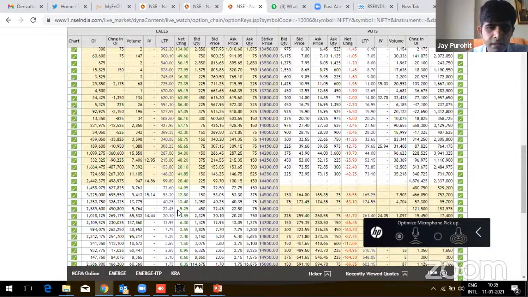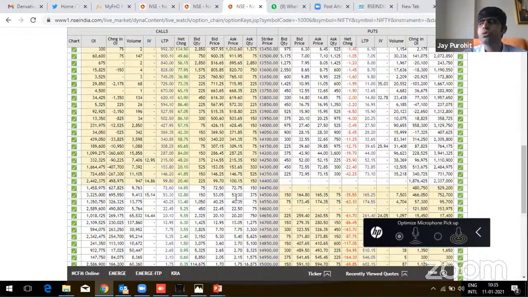While for the call writers who were active at 14,450 and 14,500, the resistance would be somewhere around the 14,550 level, because the 14,500 call has a premium of around 50 points. So above 14,550, they will run to cover their short positions. This is how we get to know the range for a particular series by looking at the options data.